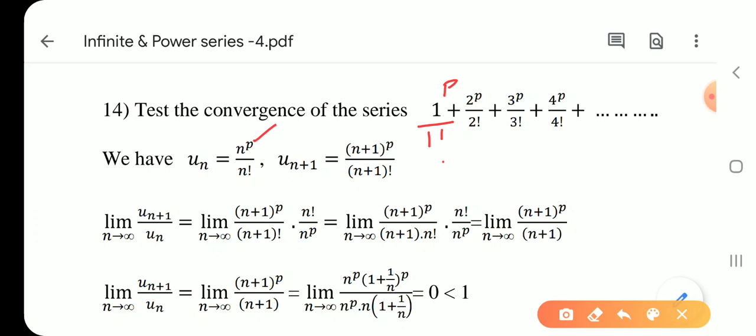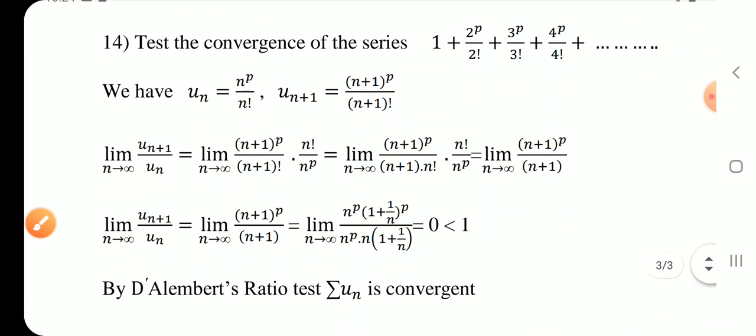So, here p I have written. Here is 1, 2, 3, 4. So, it is natural numbers. So, un is equal to n to the power p. In the denominator, 1 factorial, 2 factorial, 3 factorial, which is n factorial. To write un plus 1, in the place of n, if I put n plus 1, it would be n plus 1 to the power p divided by n plus 1 factorial.